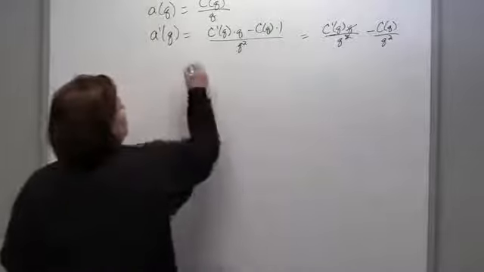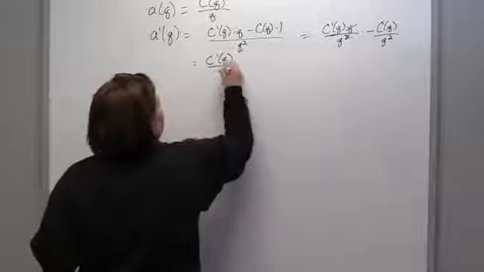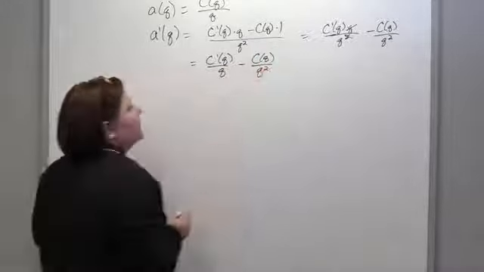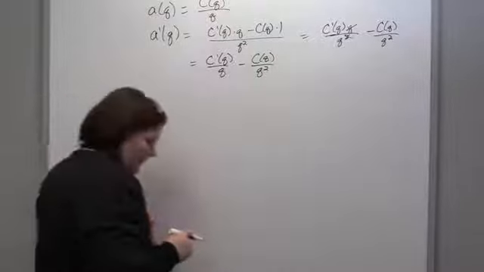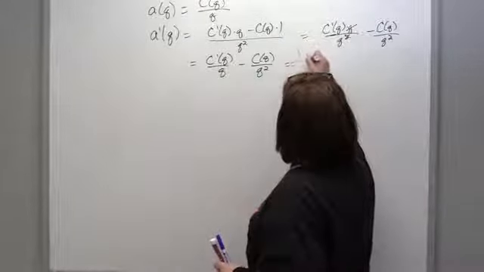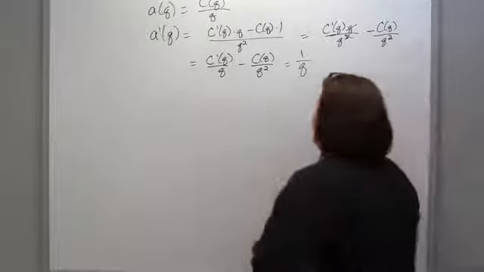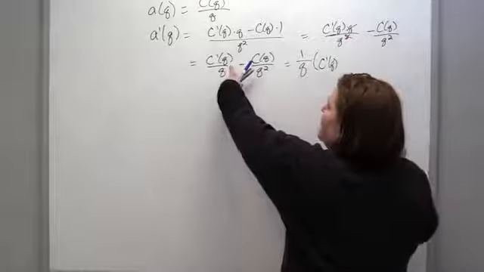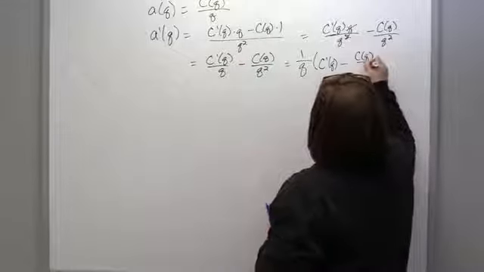So I will rewrite this one more time to clean it up. Now I'm going to do another algebra step where I take out a 1 over Q from both of those terms, and we're left with C prime minus C of Q over Q.